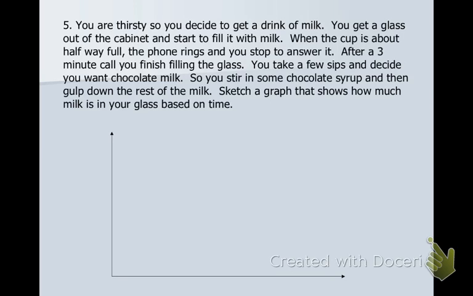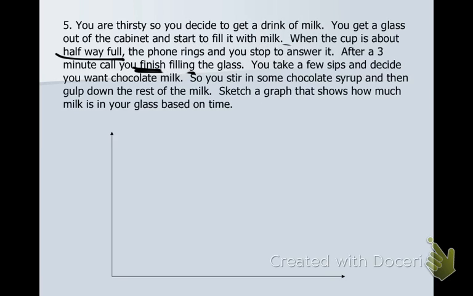Okay? So we're going to start to fill it. When the cup is about halfway full, the phone rings and you stop to answer it. Okay? After a 3-minute call, finish filling the glass.